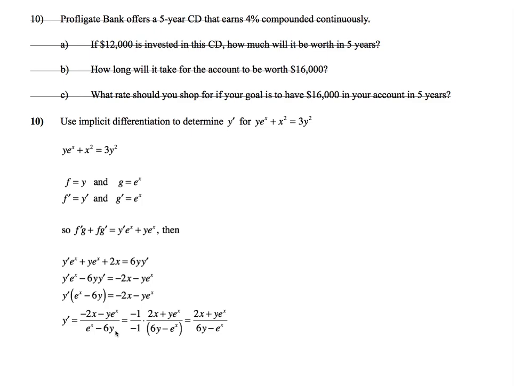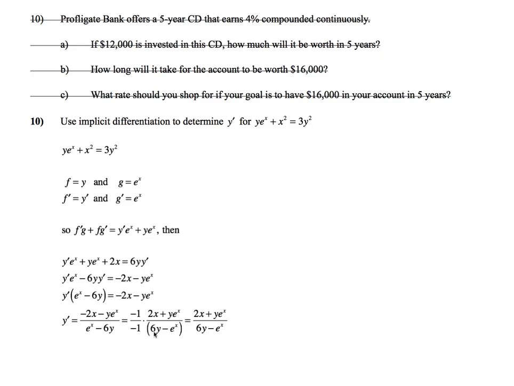Now, if you get this far successfully, that is a perfectly good answer to this question. That is, in fact, y prime. But I have factored a negative 1 out of both the numerator and the denominator, which means I'm really just factoring out 1. And when I do that, this negative 1 comes out of both of these terms and they become positive.